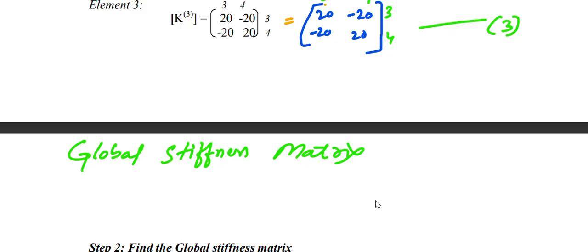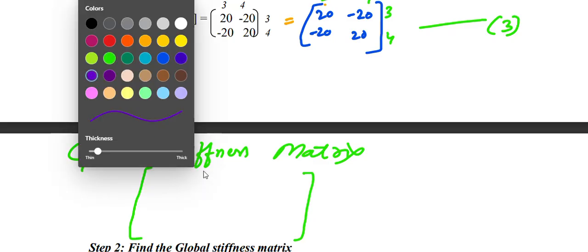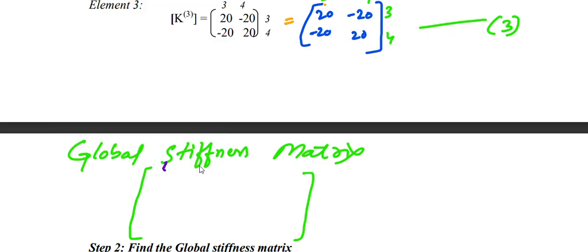You can check it out in my FEM playlist. Here the nodes are 1 to 4: node 1, node 2, node 3, node 4, similarly 1, 2, 3, 4. Only a few entries I will explain here, the remaining you can calculate.